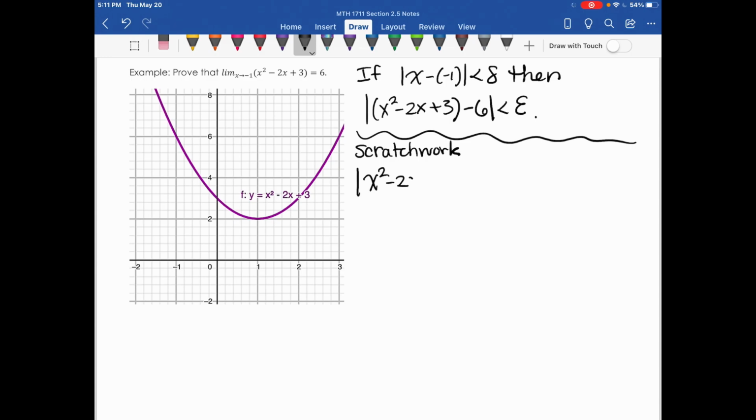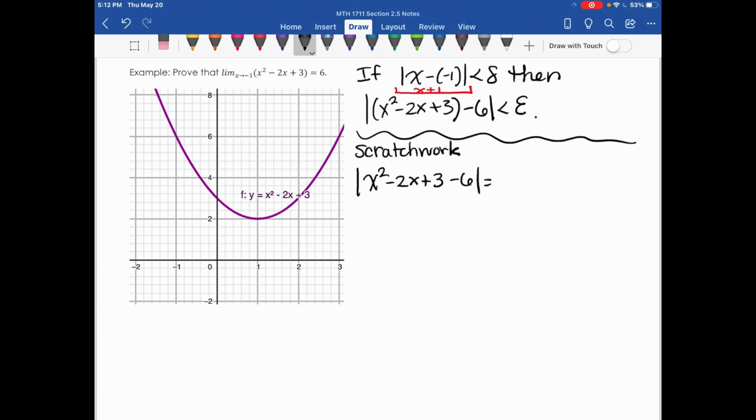We're going to start with x squared minus 2x plus 3 minus 6. And we want to break it down so that we get the absolute value of x plus 1, because when we simplify this up here, we're going to get x plus 1 in here.